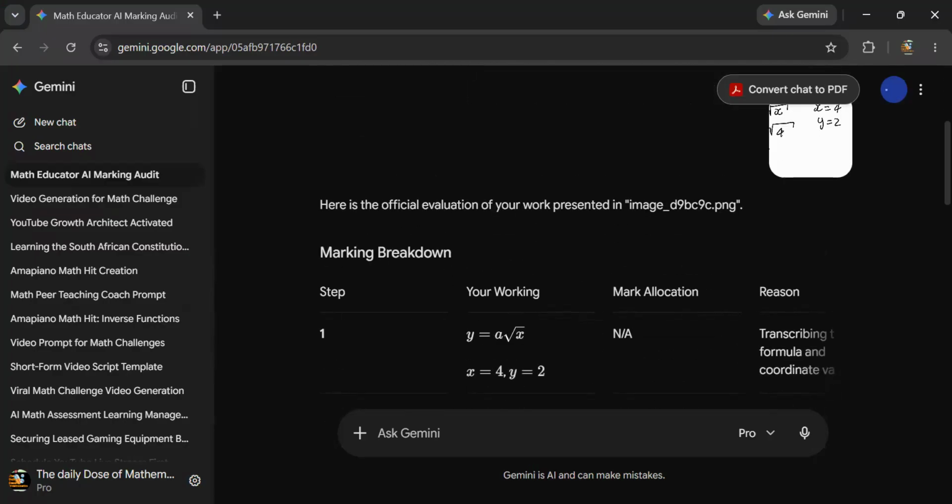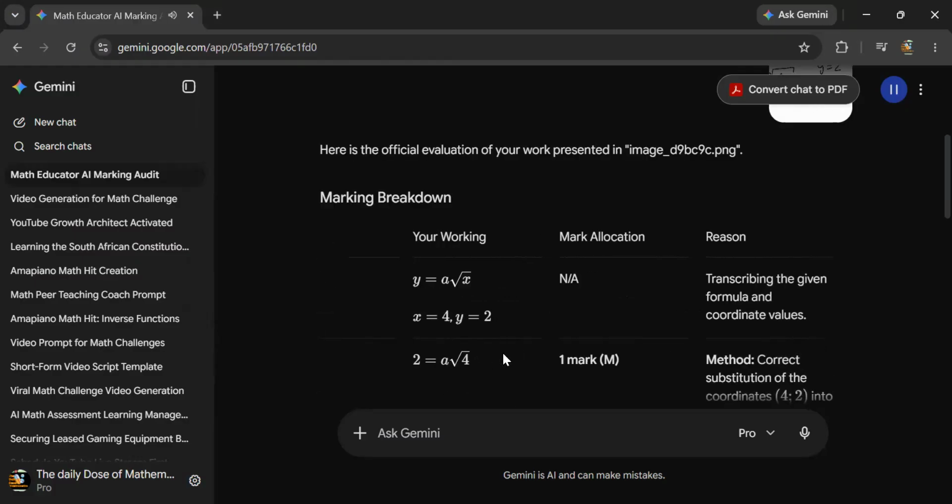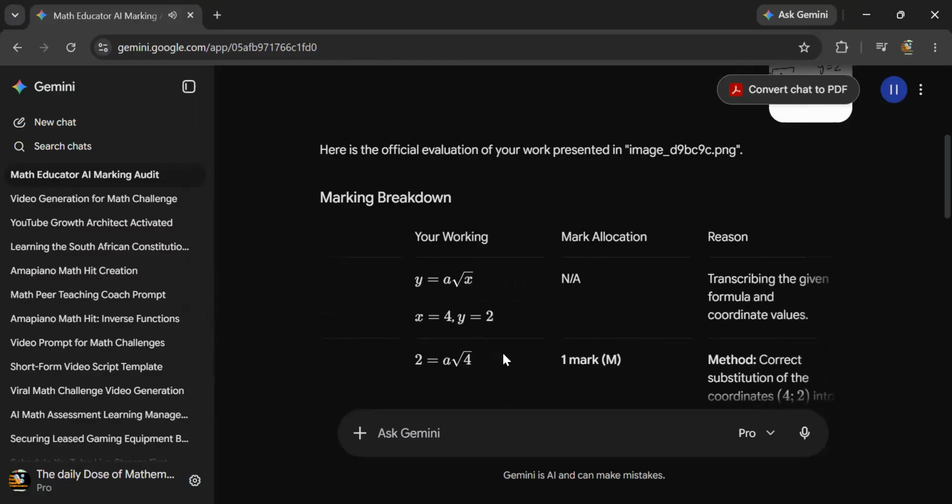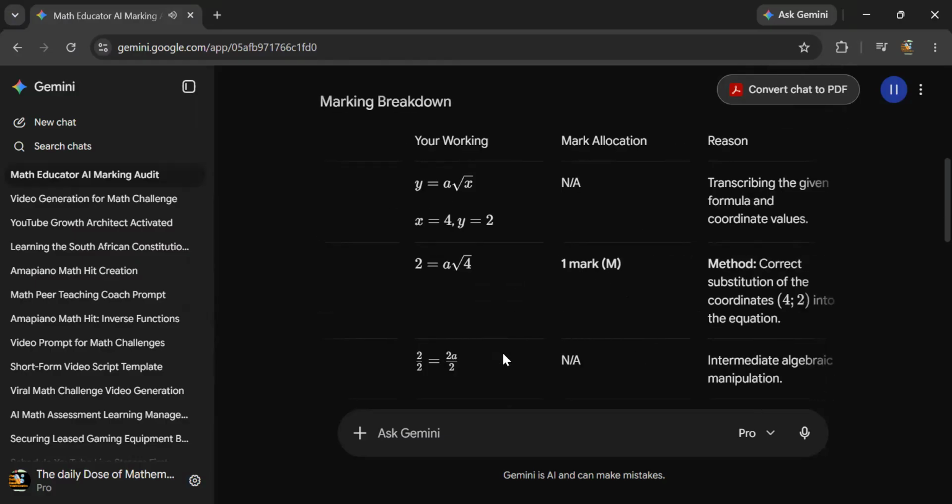Here is the official evaluation of your work presented in the image. Marking breakdown. Step, your working, mark allocation. Reason 1: y equals a sqrt x, x equals 4, y equals 2. N/A.